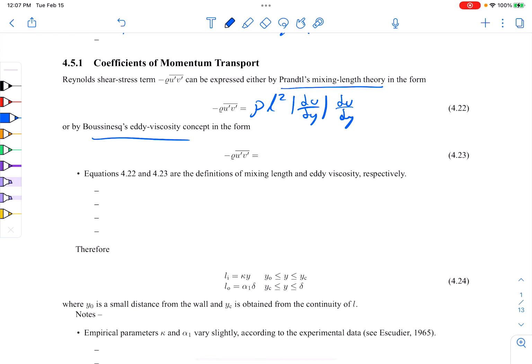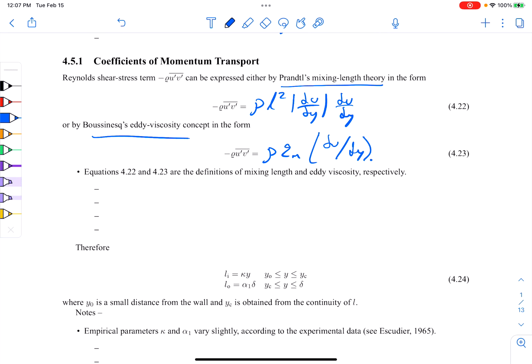And we'll also look at the Boussinesq eddy viscosity concept. That might go as rho times the eddy viscosity, and let's just write epsilon m. This is Cebeci's notation, we'll stick with what he writes, times partial u partial y. So here are two models right away.